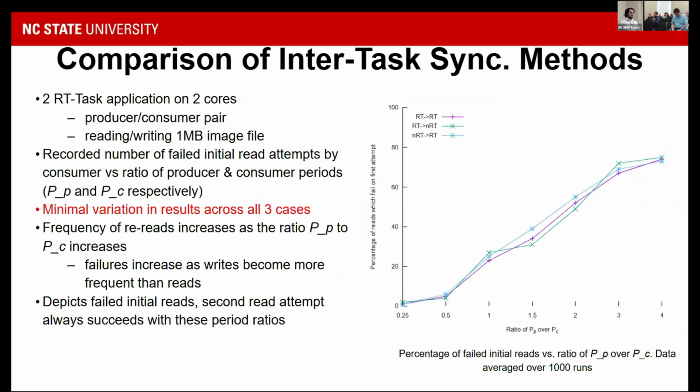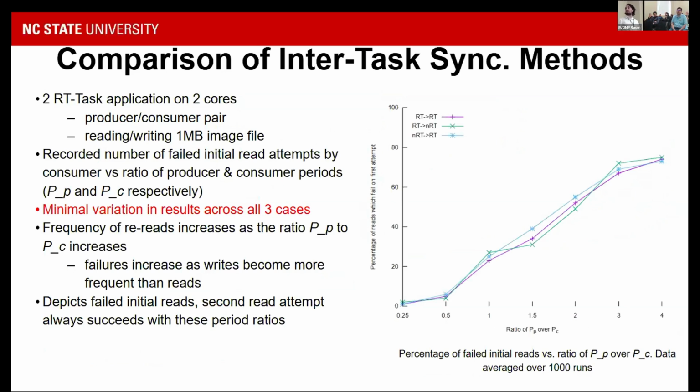So in this case, looking at just the number of failed reads for all three cases: communicating between real-time tasks, communicating from real-time out to non-real-time, and non-real-time tasks communicating up to a real-time task.